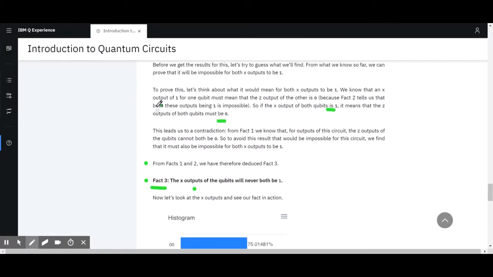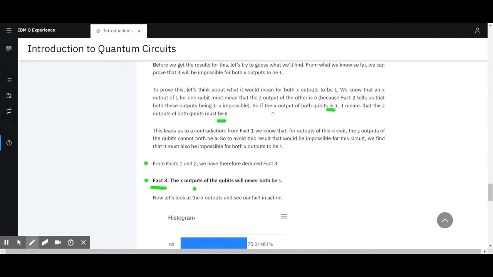We know that an X output of 1 here must mean that the Z output of the other is 0 because of fact 2. So if the X output of both qubits is 1, then the Z outputs of both qubits must be 0. Yeah, correct.